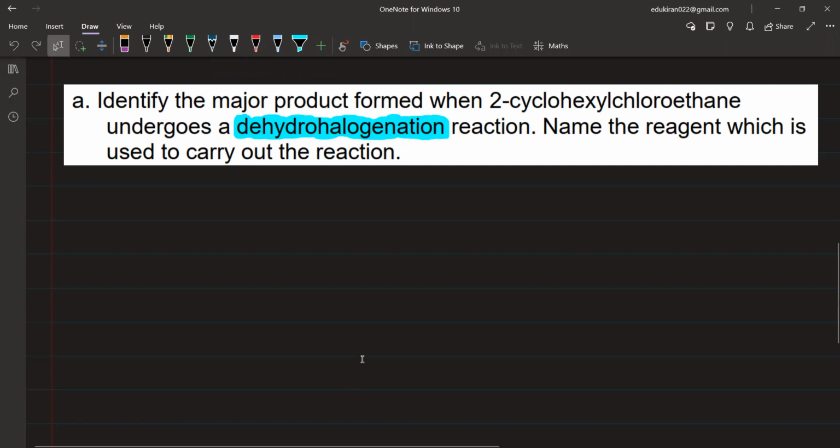I hope you have identified the product, major product, right? Please send the answers on my WhatsApp. Show the reaction and send the answer. Actually, in this question you do not need to show the reaction. If you just write the name of the product, that will be enough. And the reagents.